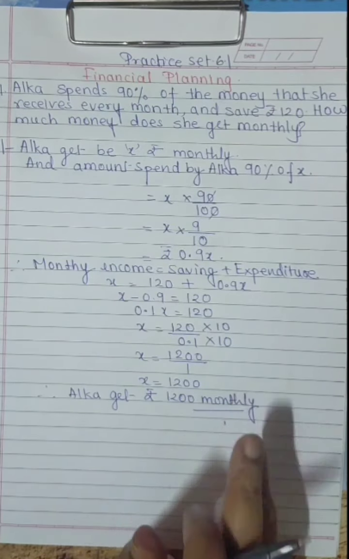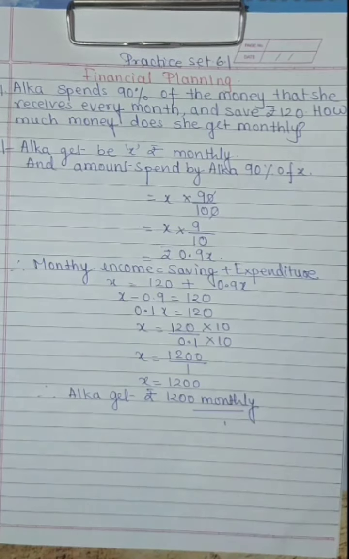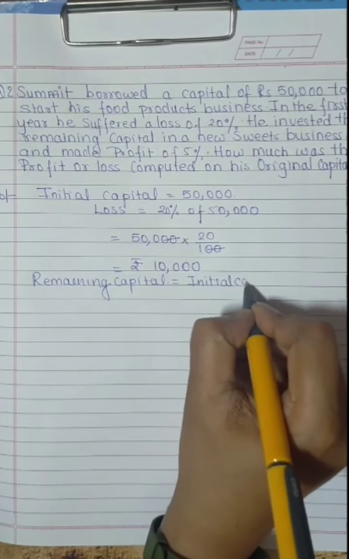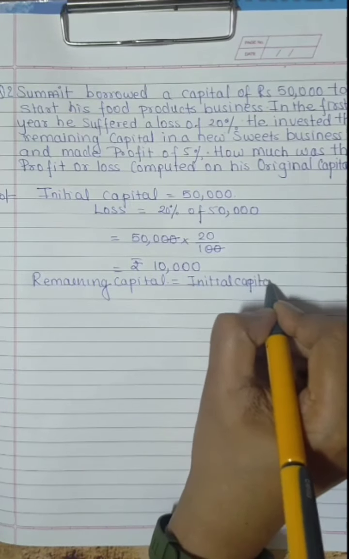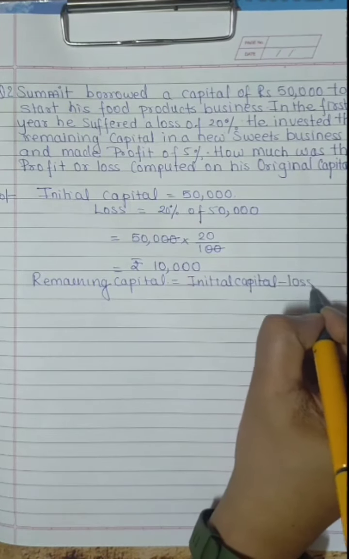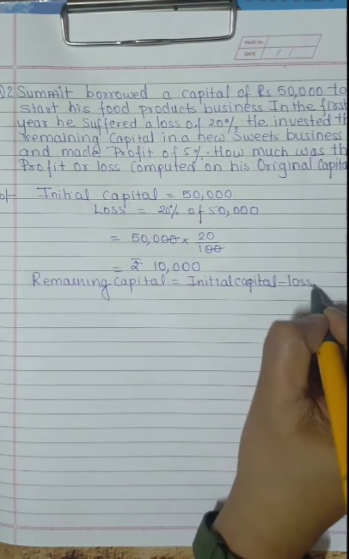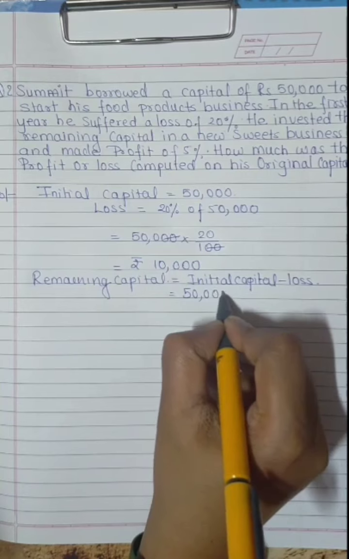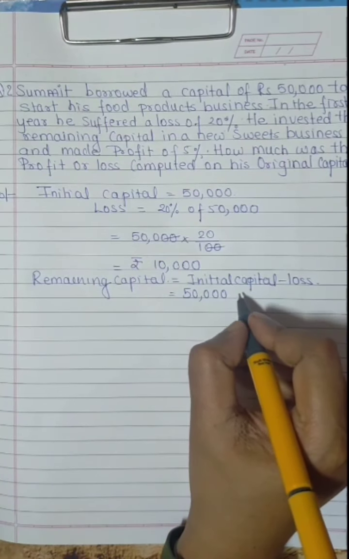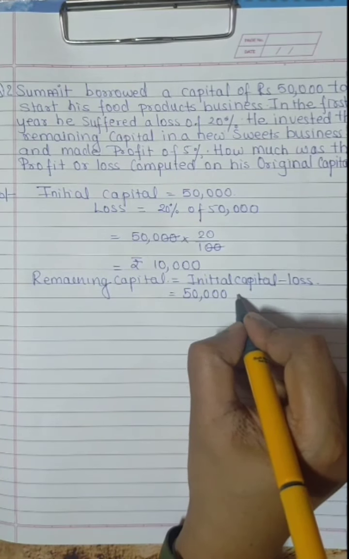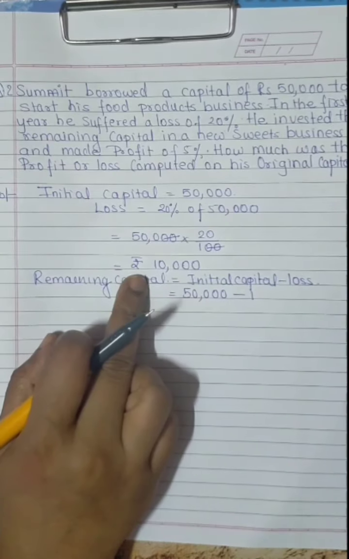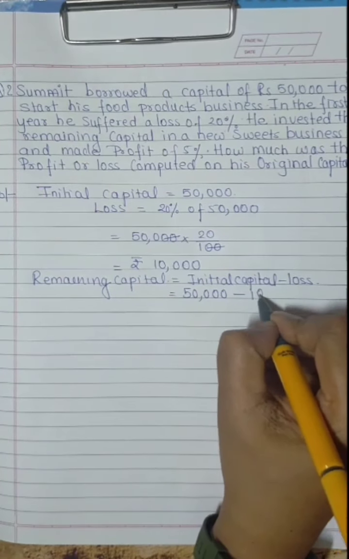Now we are going to solve question number 2. Remaining capital is equal to initial capital minus loss. Here 50,000 minus how much he lost? 10,000 he lost.